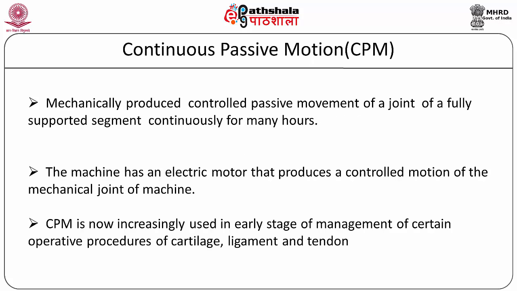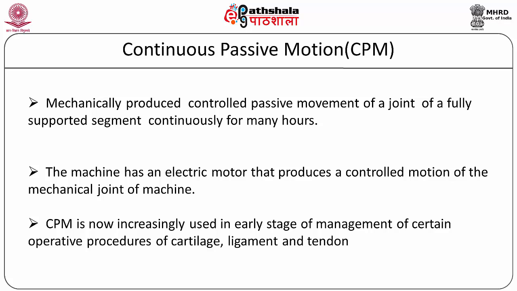Research has indicated a role of passive movement in early repair of cartilage, ligament and tendon. Passive movement enhances circulation of synovial fluid, facilitates diffusion of nutritive material across the joint cartilage, and plays a role in maintaining the integrity of joint cartilage.